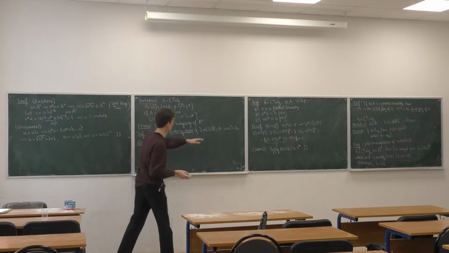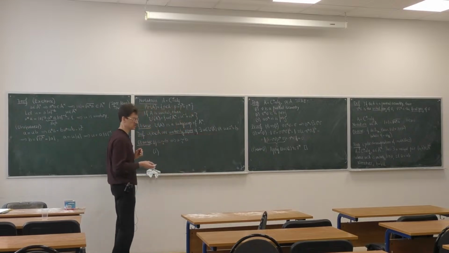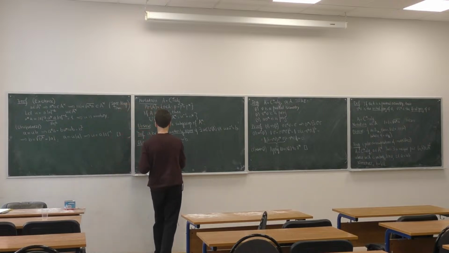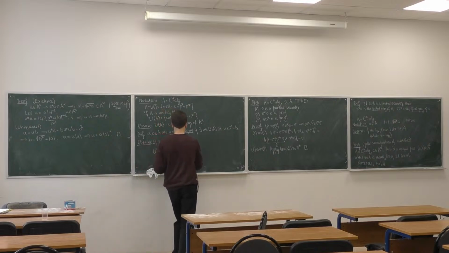This group also acts on self-adjoint elements and on projections. So for every unitary element U of A, conjugation by U takes self-adjoint elements to self-adjoint elements and projections to projections, which is quite useful.